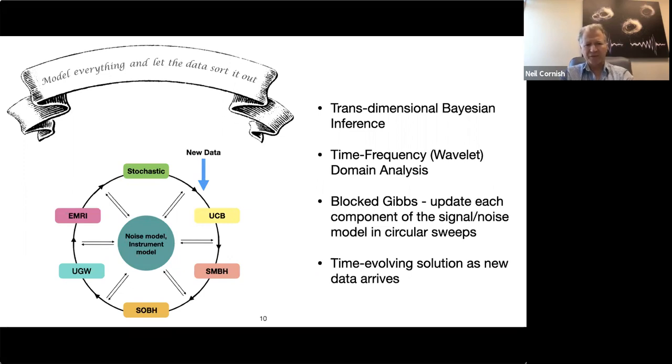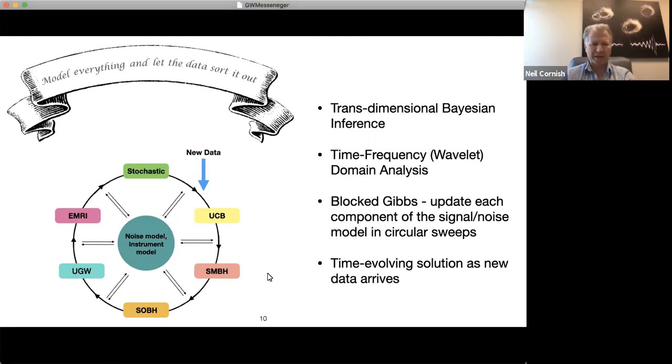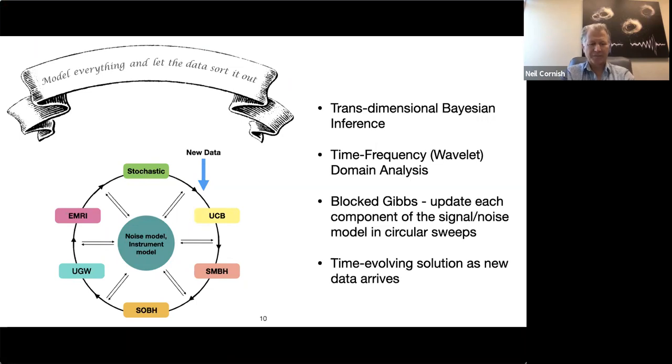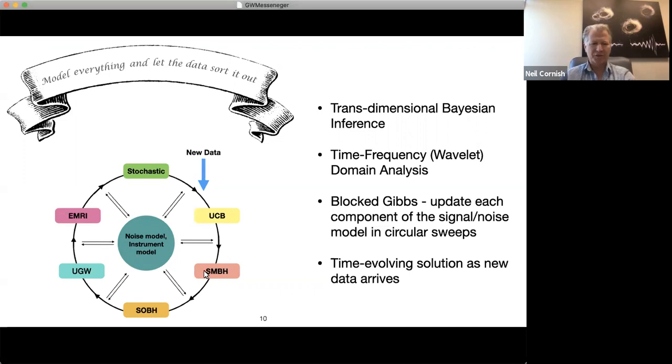And it turns out that even though you update each block, for example, the ultra-compact binaries, the galactic binaries, then the supermassive black hole binaries, the stellar origin black hole binaries, the unmodeled gravitational waves, the Henris, the stochastic, if you just cycle around and update each term in the model sequentially, or in any order actually, you will still capture the correlations, even though you do each update independently, because as you move on to the next block, that builds in the correlations.